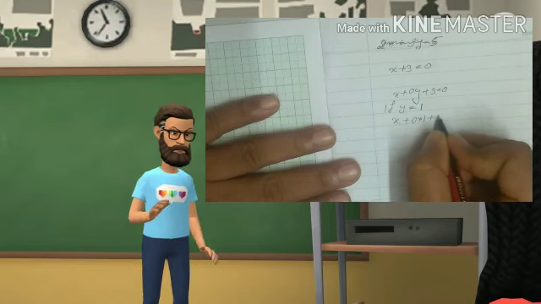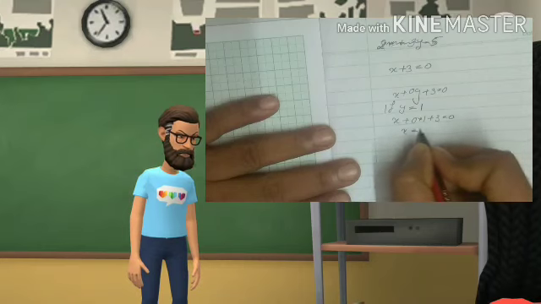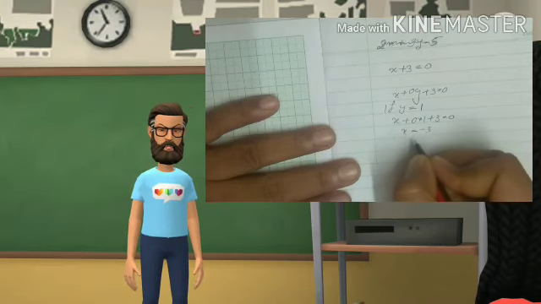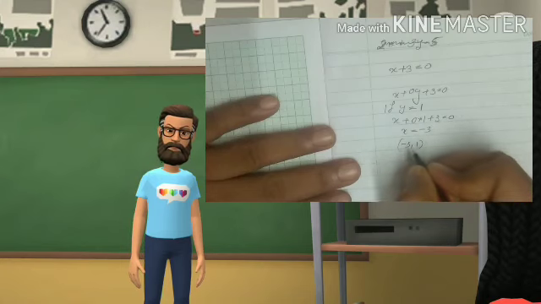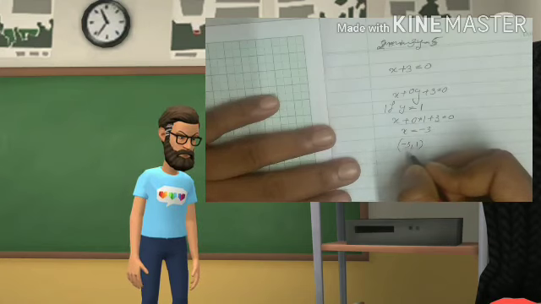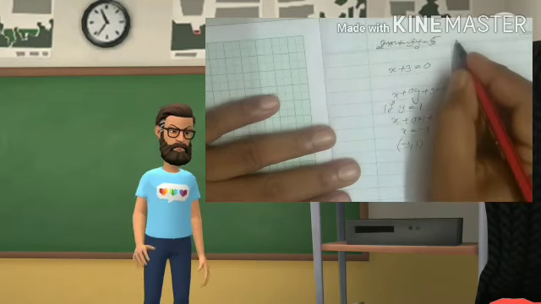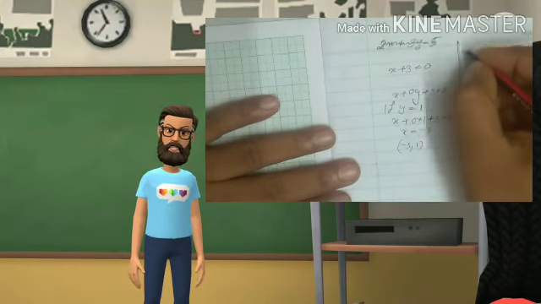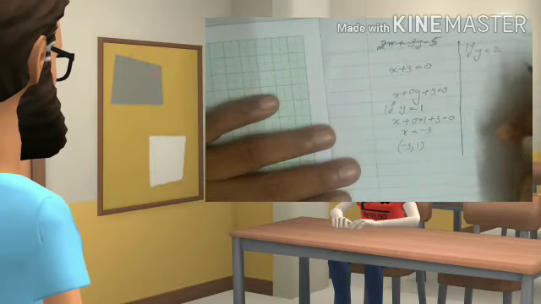Similarly, if we substitute y is equal to 2, there also we get minus 3. Suppose we substitute the value y is equal to 0. We get x equals minus 3, sir.